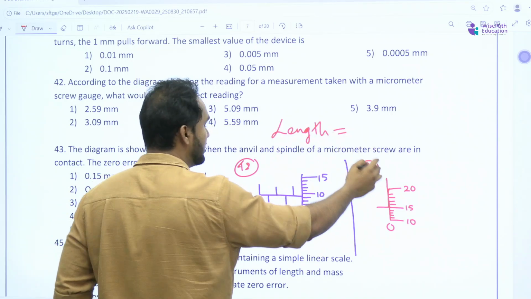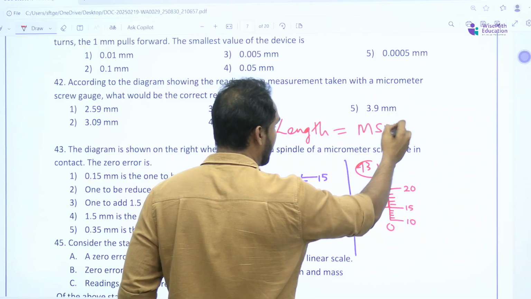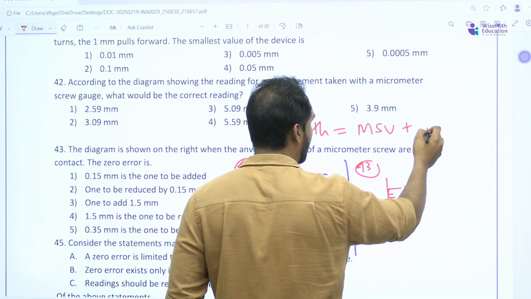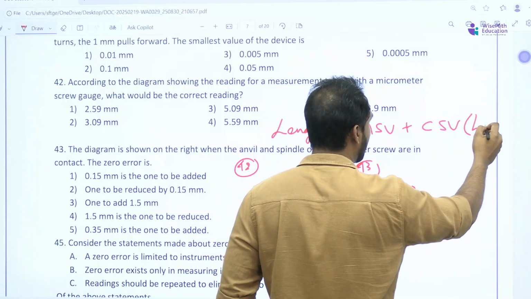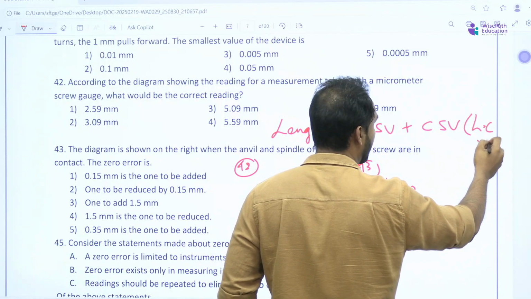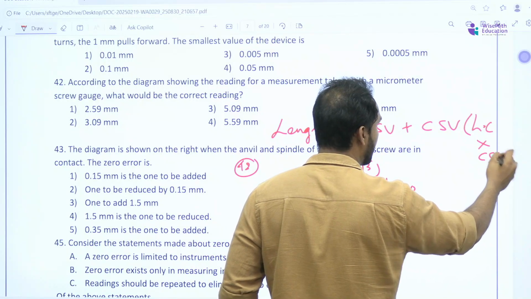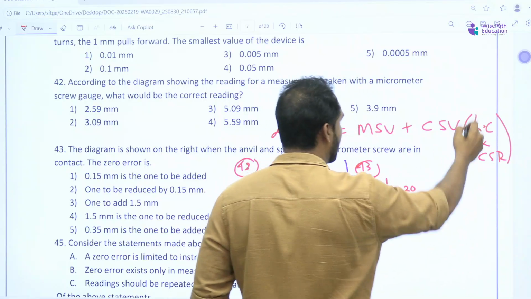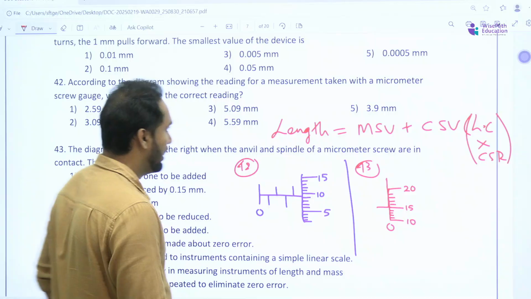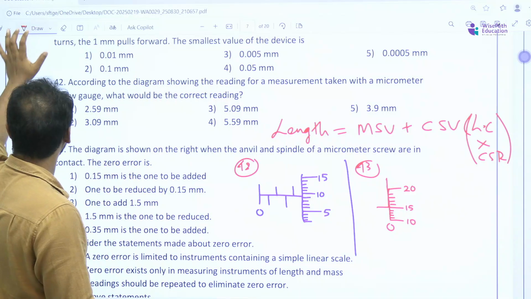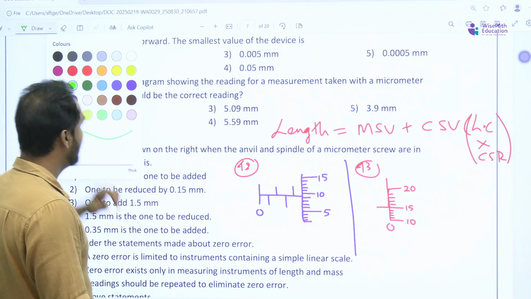Now the length equals main scale value plus the circular scale value, and the circular scale value is least count into circular scale reading, CSR. You are supposed to write the whole formula there, right? And you have to apply the values to the formula, right?